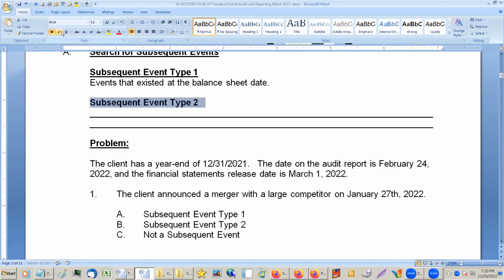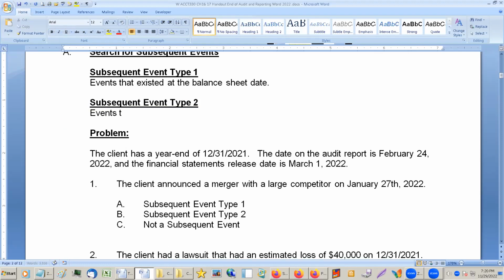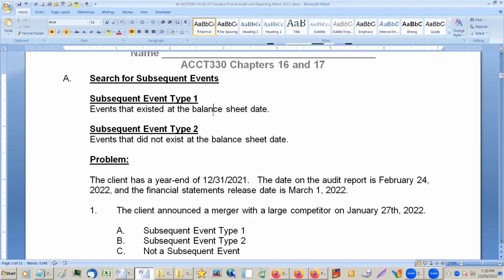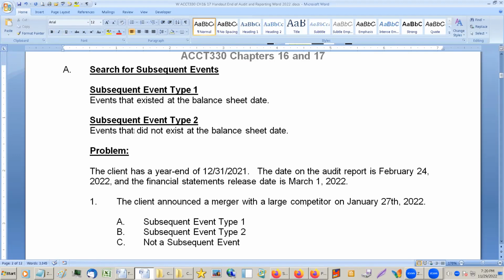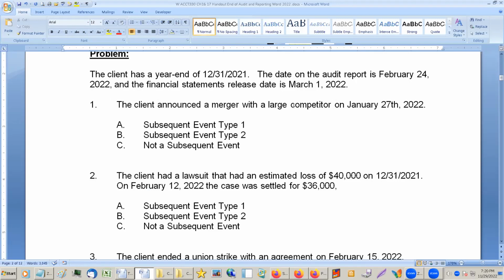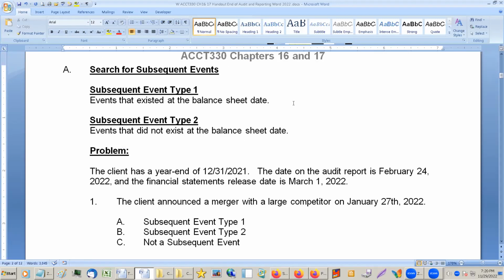Type 2 event: events that did not exist at the balance sheet date. So, events that exist at the balance sheet date. Let's go through here and see what ones we have. Let me tell you what we're looking at here.